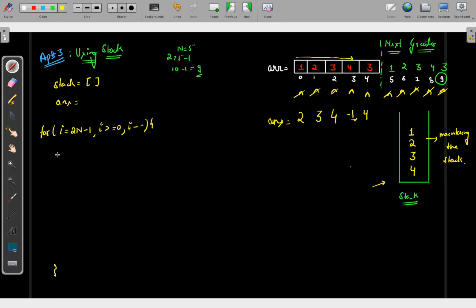Now, how will we solve the while loop? We need to pop out when the element is not greater, and when the stack is not empty.